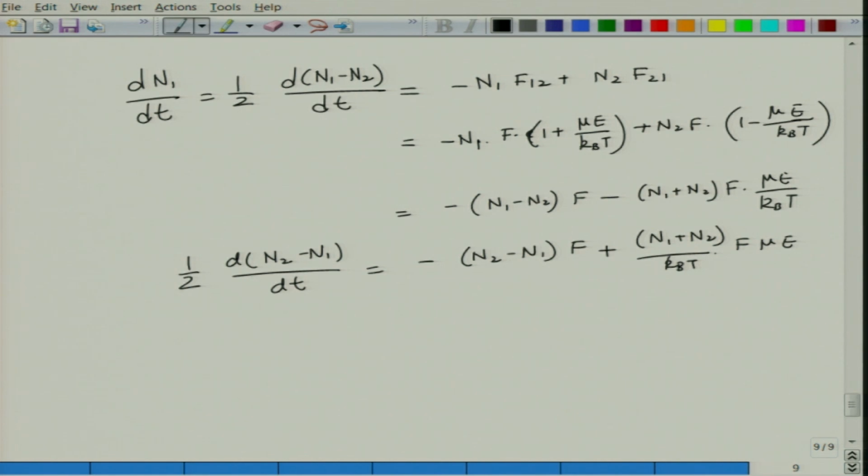I have just multiplied by a minus sign everywhere. Now, we said that P is equal to (N2 minus N1) into mu.